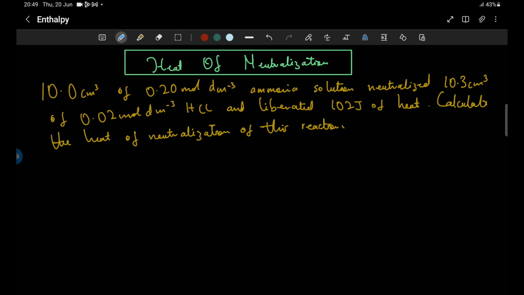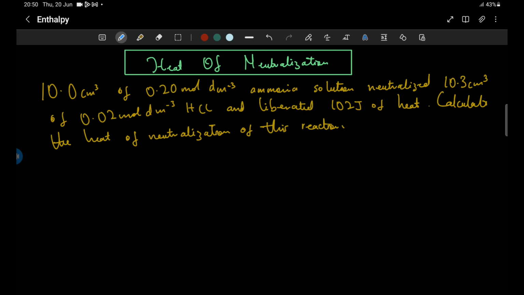The question says 10.0 cm³ of 0.20 mol/dm³ of ammonia solution neutralized 10.3 cm³ of 0.02 mol/dm³ HCl and liberated 102 joules of heat. Calculate the heat of neutralization of this reaction.